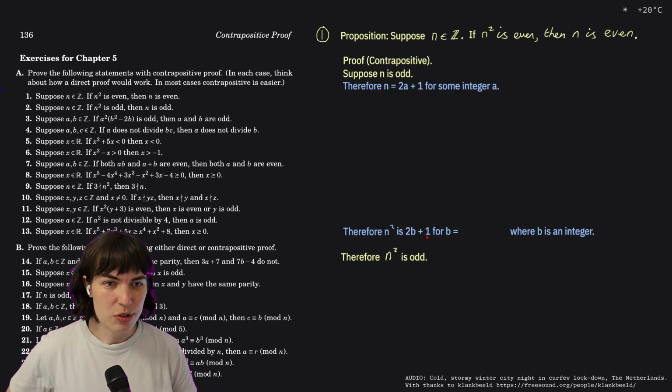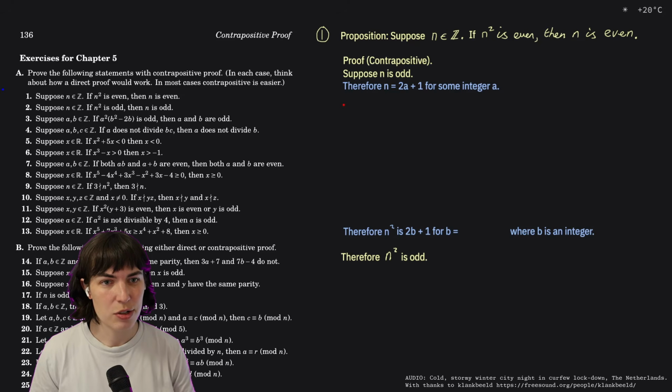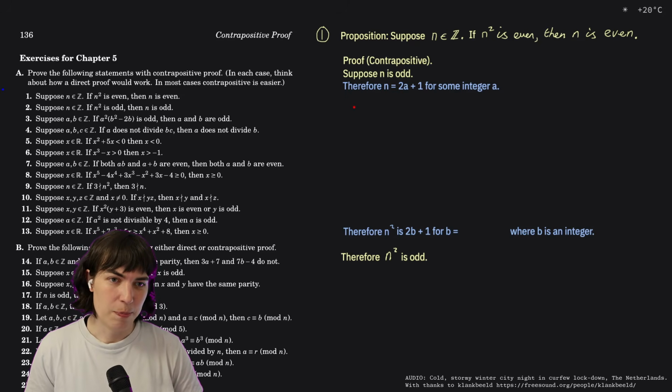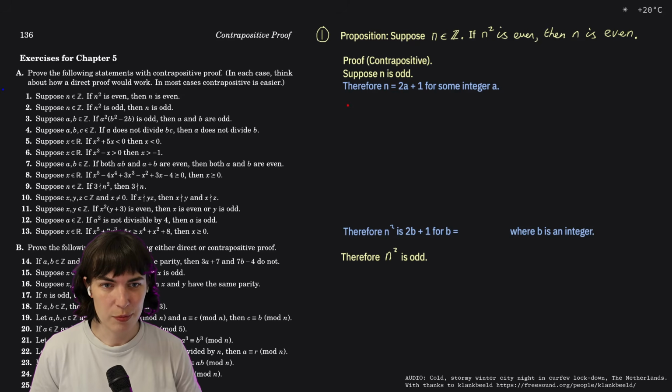Okay, so we're working towards this. And we've got n is even. Fine. So we could multiply by n, right? I don't know about that. Let's find out where it goes.